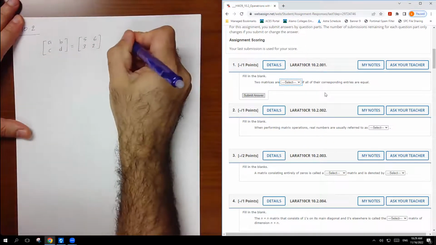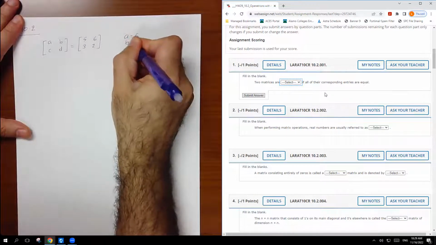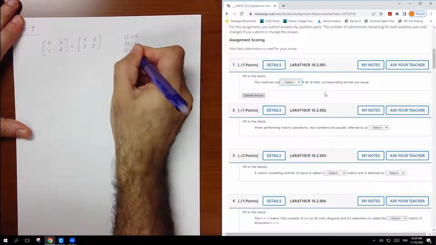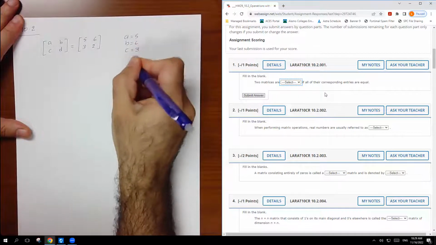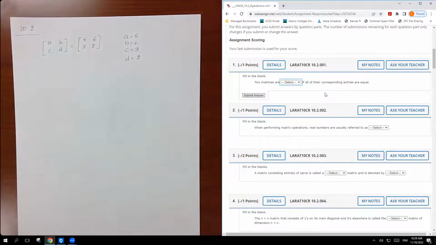In this case, the value of A equals 5, the value of B equals 6, the value of C equals 3, and the value of D is going to be equal to 2. So in this case, I just want to understand the meaning of two equal matrices. They are equal if they have exactly the same corresponding entries.